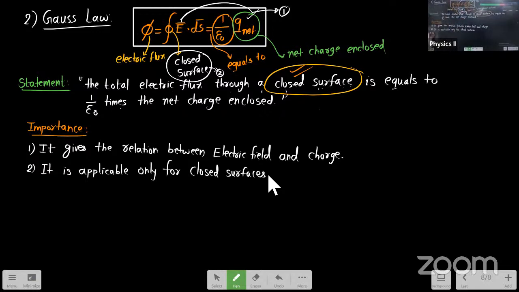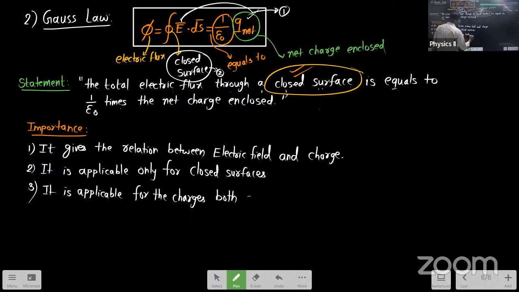Let us see the third important point. It is applicable for the charges both at rest and in motion. So Gauss law is applicable for charges which are at rest as well as for the charges which are in motion.